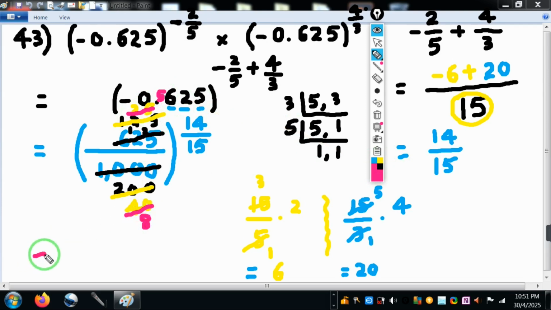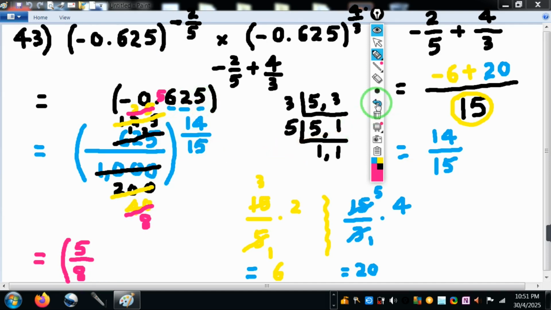Meaning, if you go and use your calculator, this 5 and this 8, I'm using different colors, 5 over 8 like that, you will get back 0.625. However, I'm wrong here.